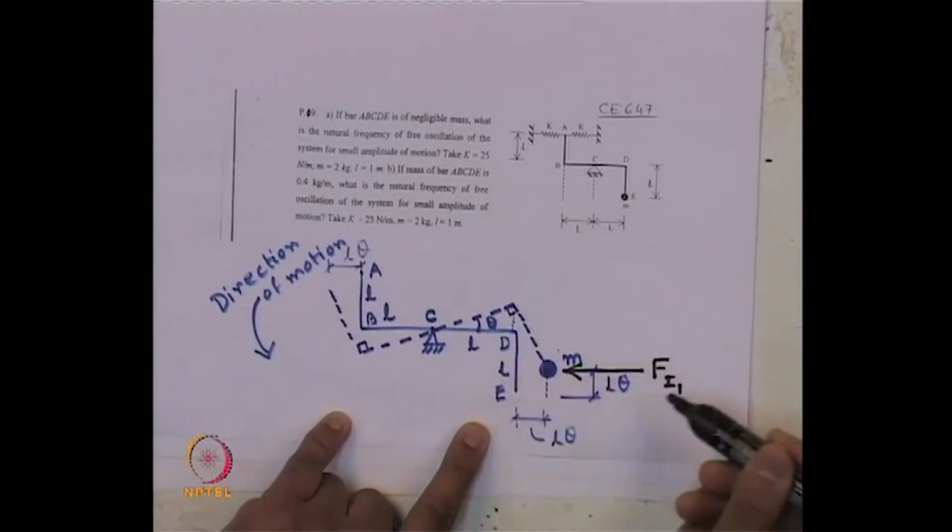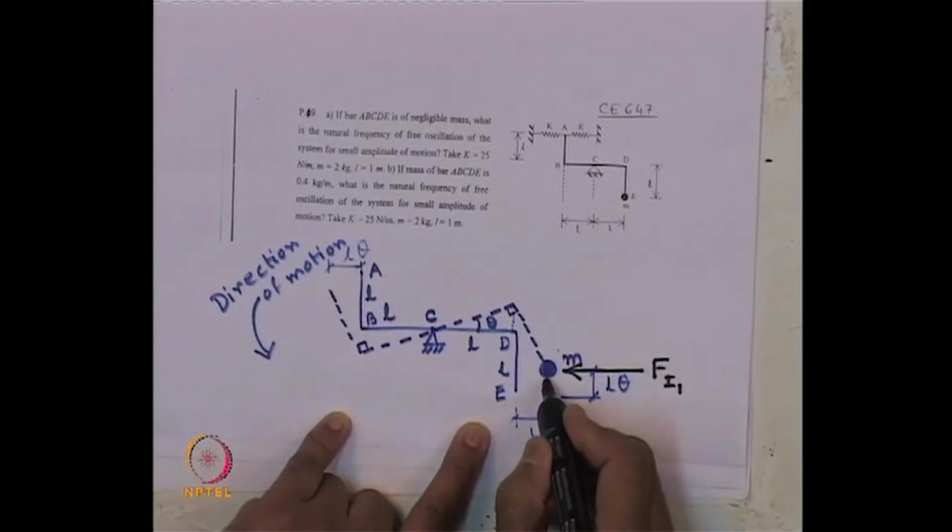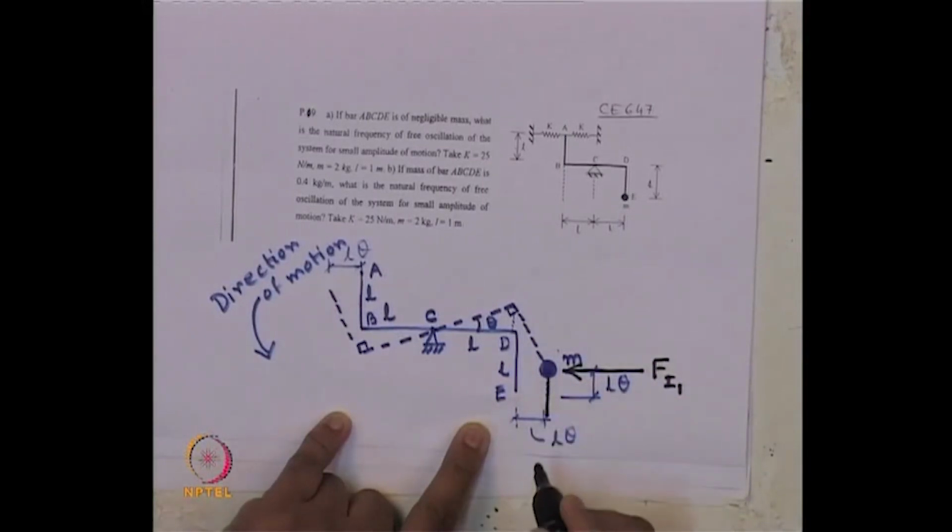So, that is why the direction of the horizontal inertia force is in this direction, and the vertical inertia force will act in the vertically downward direction, let us say that is F I 2. For a similar reason, that vertical inertia will try to bring the mass back to its original position. So, that is why it will act in this direction.